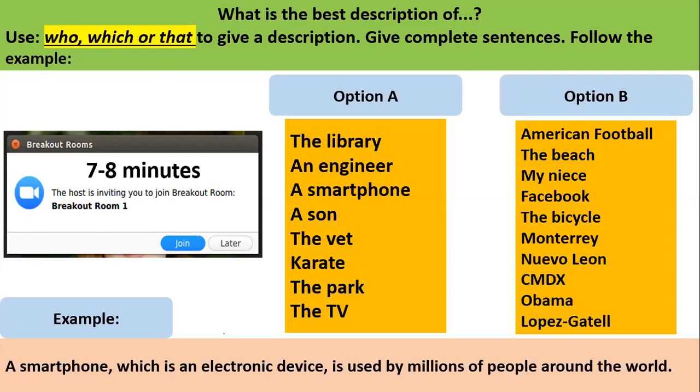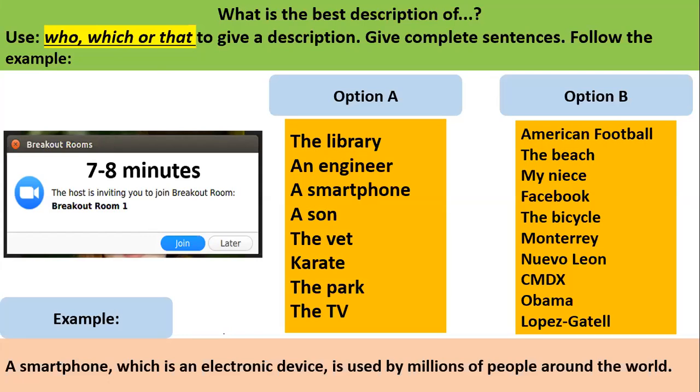Yeah, I have a question about vocabulary. I don't know if in option B, the vet is the place where they take care of animals, or the person. Actually, it can be both.